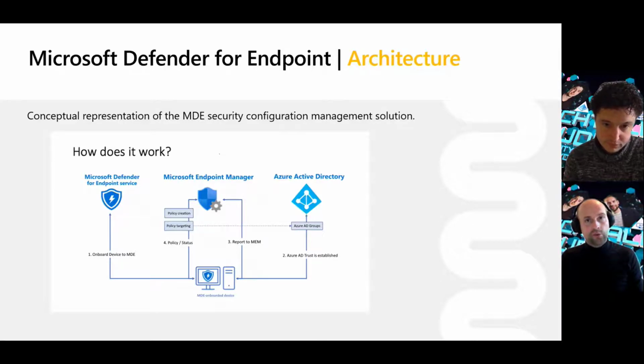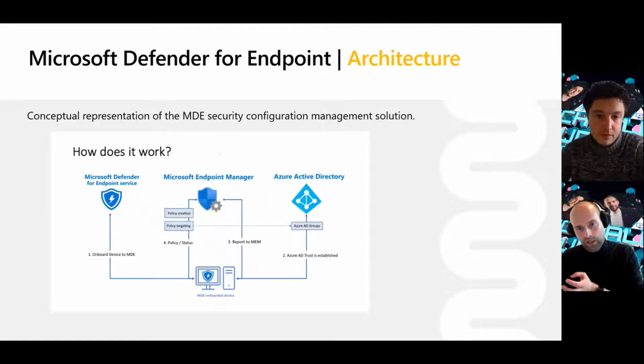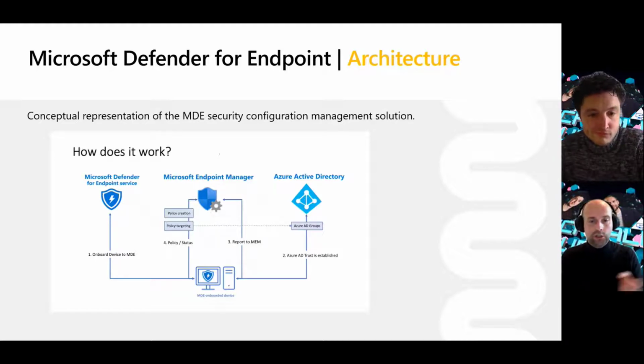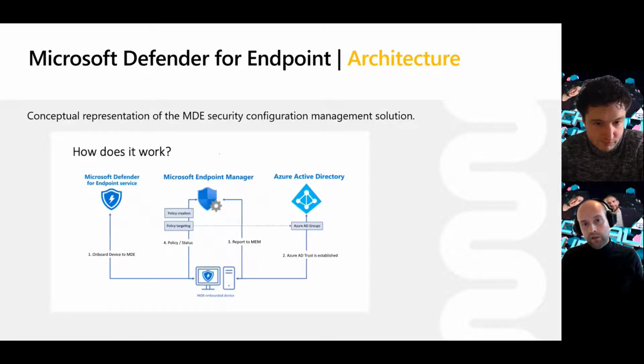That can be through your Azure AD Connect sync, to make that hybrid join, for example, or just an Azure AD registration. So not a domain join, but registration. And that gives you the trust relationship between the endpoint and your Azure Active Directory tenant. And that enables you to bind and add them to a group and apply your policies to that particular Azure AD security group.